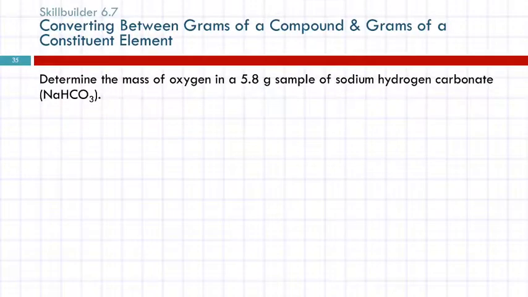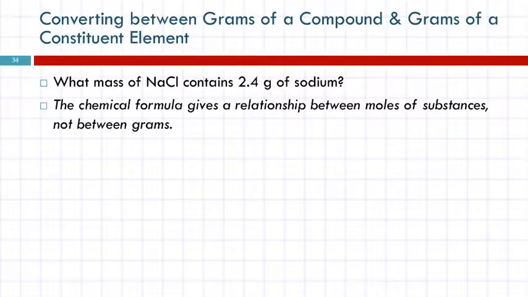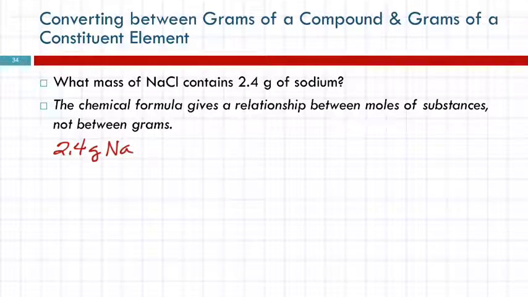I can't remember if I was supposed to, oh yeah, I guess I'm supposed to calculate that here. Okay, so mass of sodium chloride, 2.4 grams of sodium, and we want to know how many grams of sodium chloride. We don't know the relationship between grams of sodium and grams of sodium chloride.